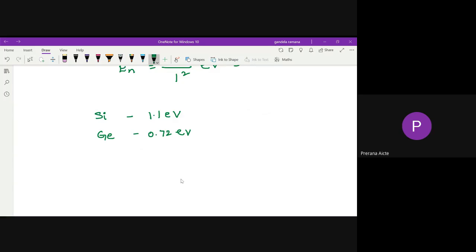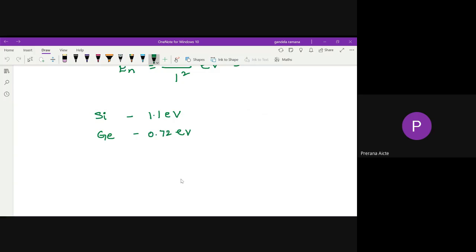0.72 electron volts. So here we know very well conductors, semiconductors, insulators. Before going to the discussion of energy band diagrams, the energy gap between the valency band and the conduction band in a semiconductor is how much? 1 electron volt.